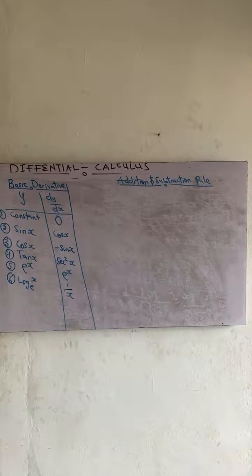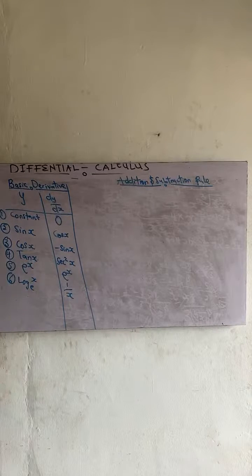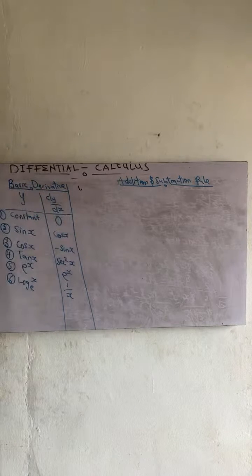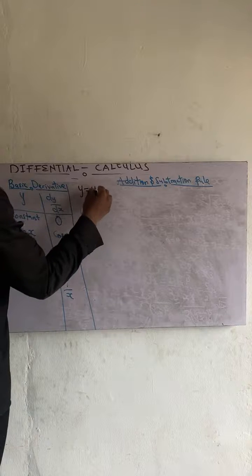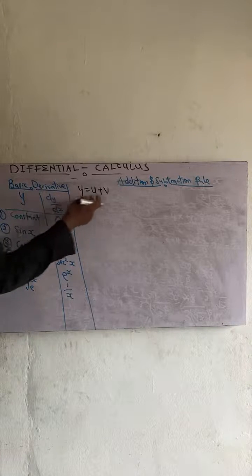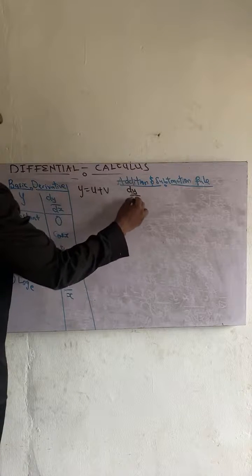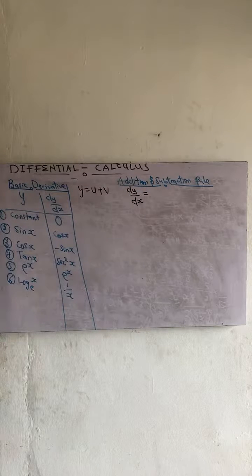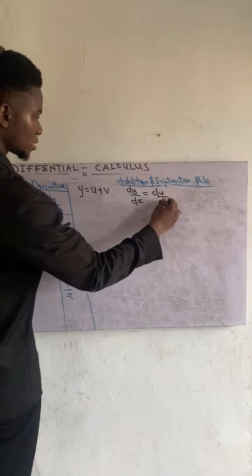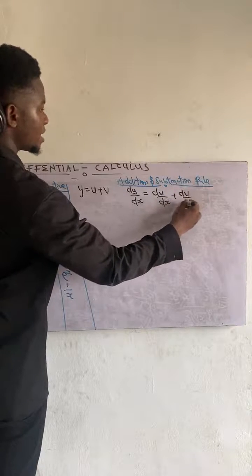Now, guys, when we are talking about the addition rule, it's very simple. What the addition rule is saying is that if we have two functions that are connected together by addition, and you want to look for the derivative, our dy/dx would be du/dx plus dv/dx.